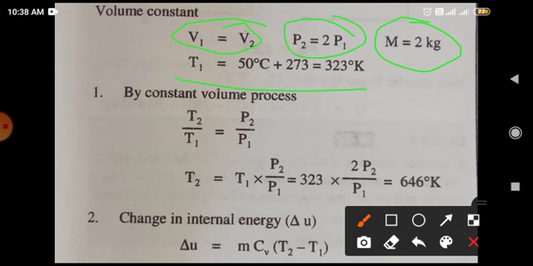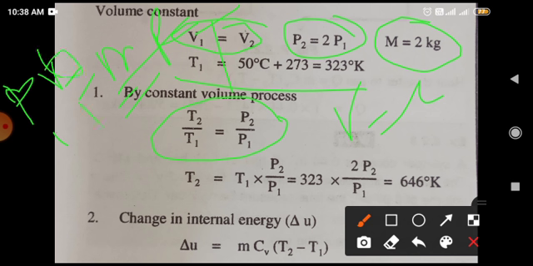As this process is constant volume, V is constant. Depending on the gas equation, we have PV equals mRT. m is constant and R is also constant, so they cancel. Since V is constant, it can be neglected.